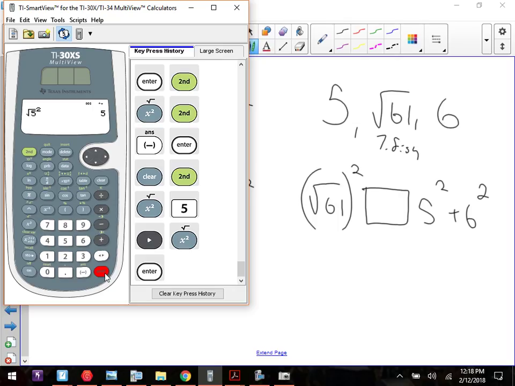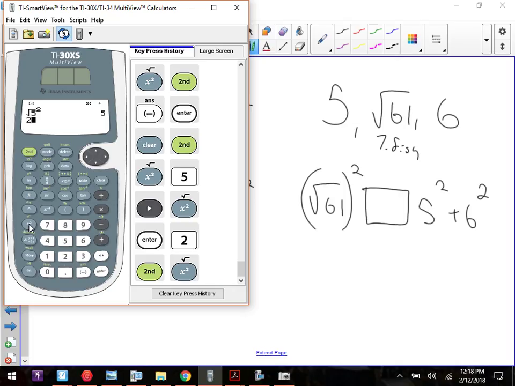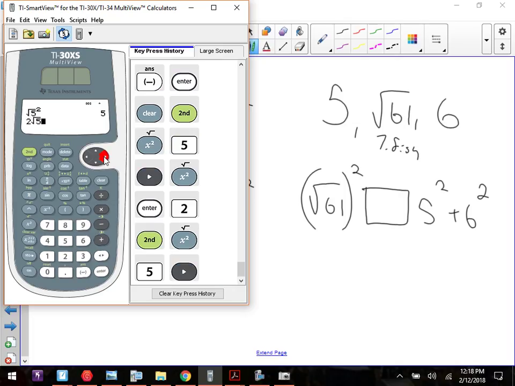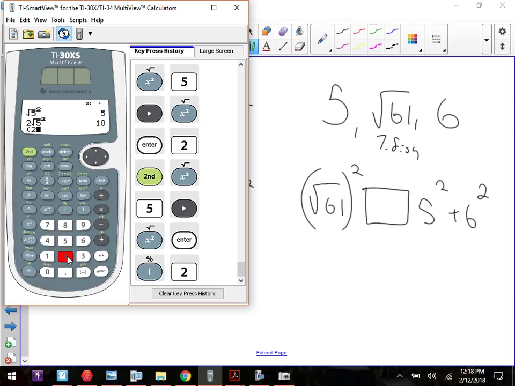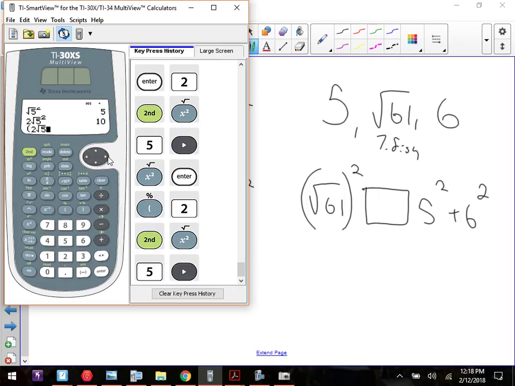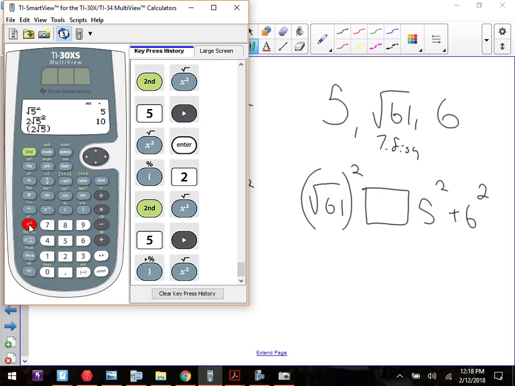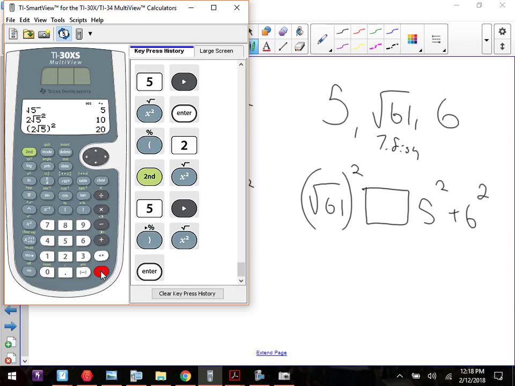But if I did 2 square root 5 and squared it without parentheses, it would give me that, as opposed to the real answer. It's just one of those things you've got to be careful with.